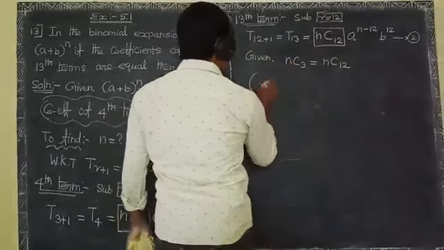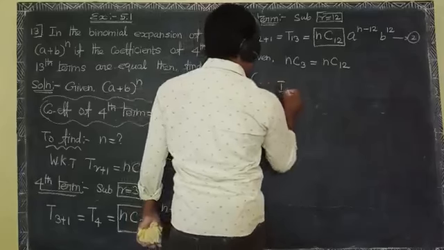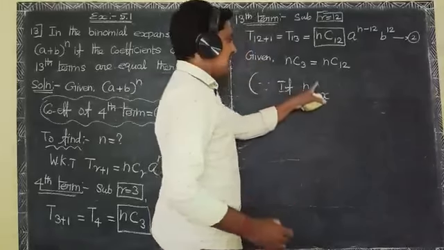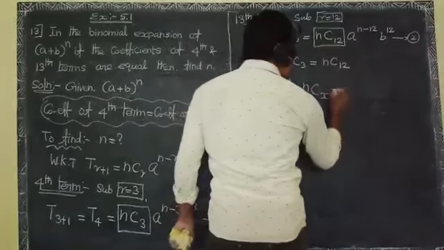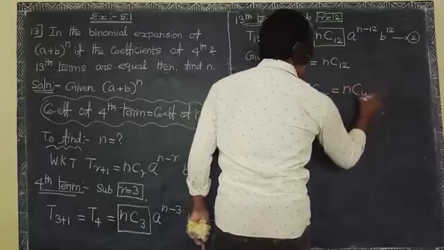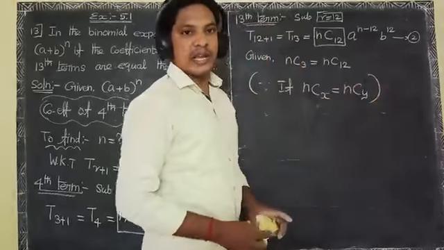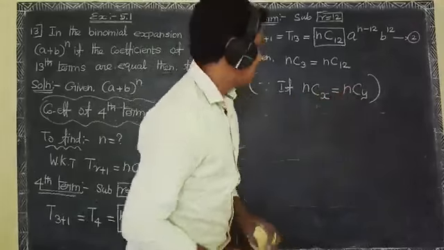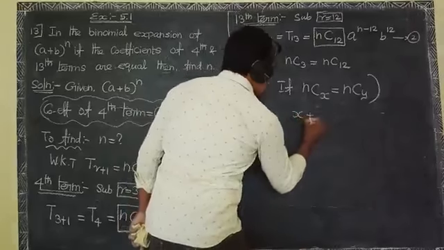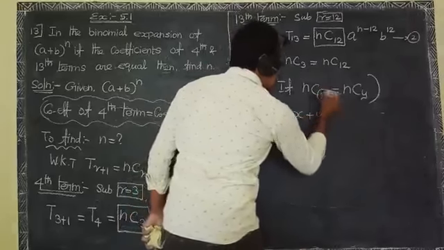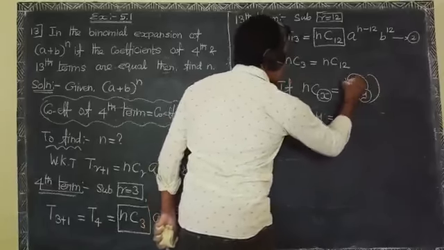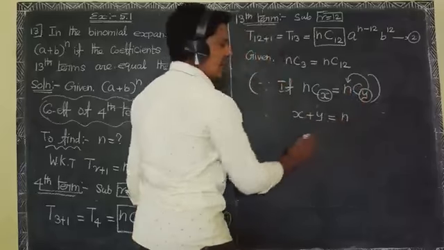We know that if nCx equals nCy, then x plus y equals n.